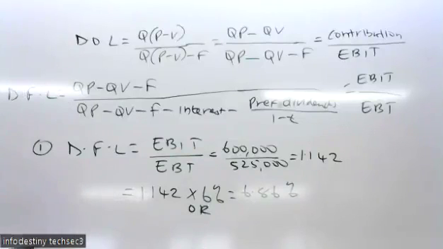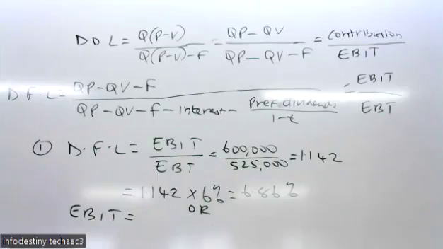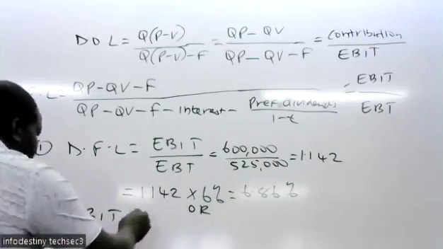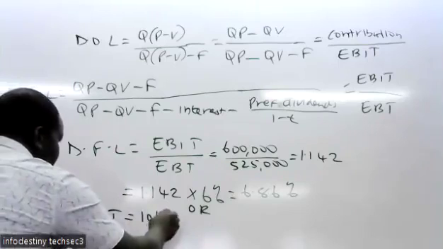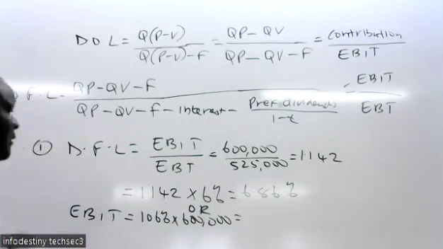So when we are not using the concept of leverage, we check in the question what they have given you as earnings, because they are saying that if the earnings before interest and tax was to increase by 6%, we get 106% of the 600,000.